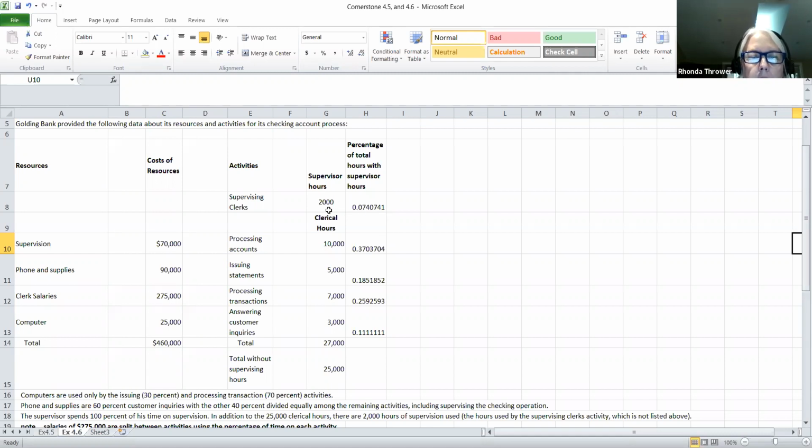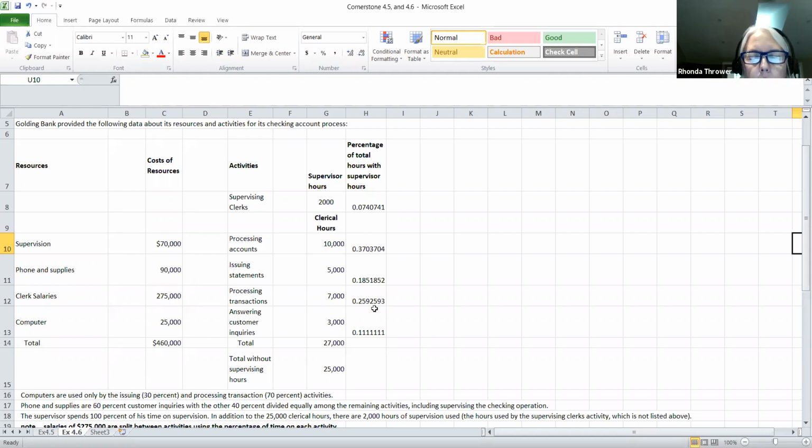So for the supervisor's hours, they would have used 2,000 hours out of the total amount of 27,000 hours. That's how I'm coming up with this little percentage here. 10,000 hours divided by 27,000 hours gives you the percentage of hours that they could have chosen to use to allocate some of these costs.